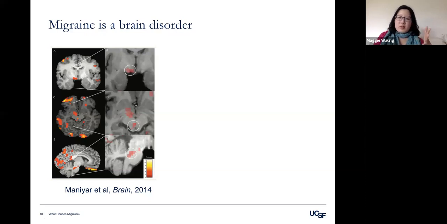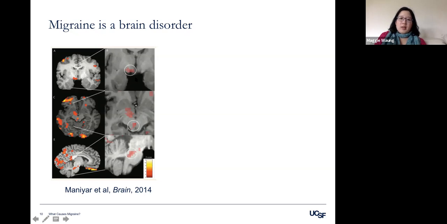They're having those premonitory symptoms where they're not feeling well, they know a headache is coming on, but they don't actually have pain yet. What these images show is that there are areas in the brain that are activated even before headache begins. These areas include the hypothalamus and areas in the brainstem. Specific regions aren't important, but I will talk about the hypothalamus later.